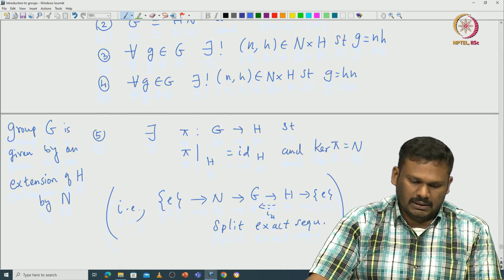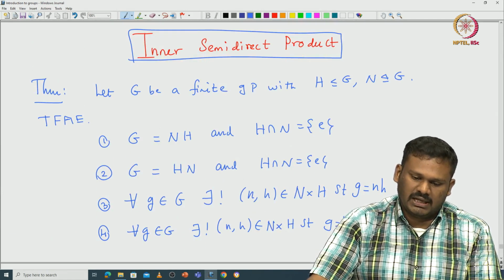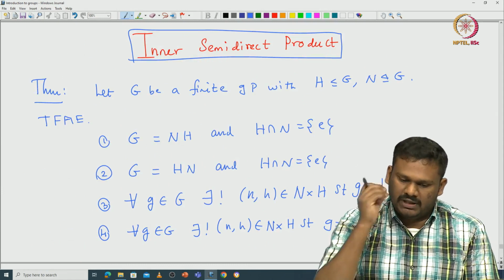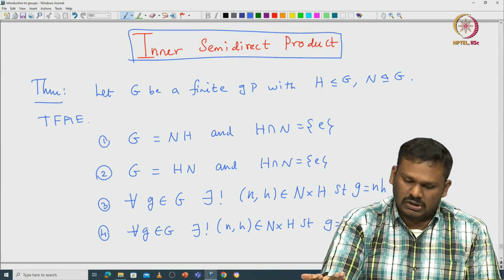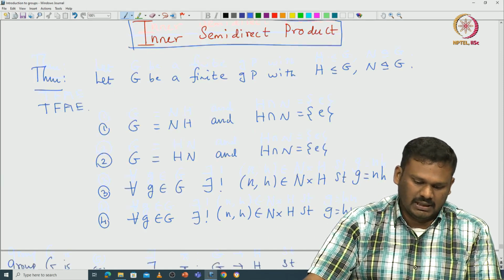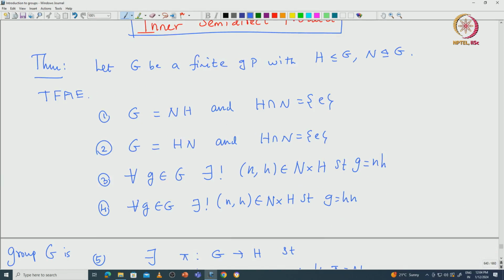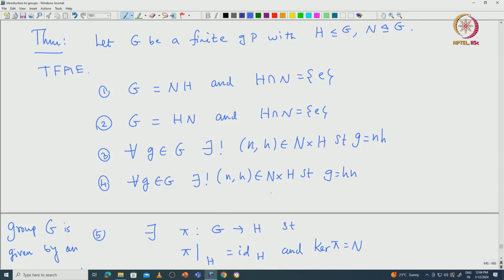For the inner semi-direct product you are already fixing H and N, and once you fix H and N inside G, the way H acts on N is also fixed. I will come in a minute to how H acts on N. But before that, let us prove that these are all equivalent. 1 and 2 being equivalent is actually easy to see.